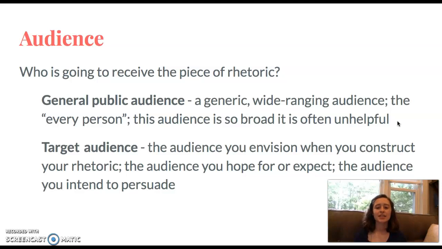So this is the audience that you envision when you construct your rhetoric, the audience that you hope for or expect, and the audience that you intend to persuade. So this is often, if it's a speech, maybe the people sitting in the audience. That's who you want to persuade. It's really easy to determine that with speeches, maybe less so for other things like advertisements.